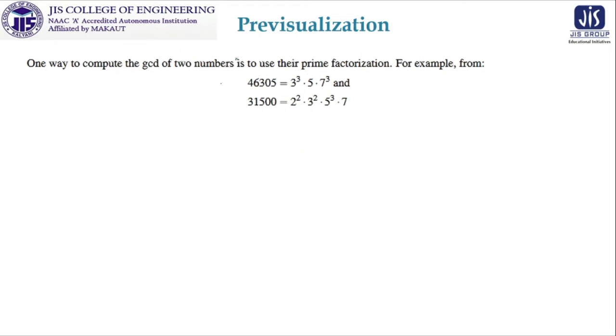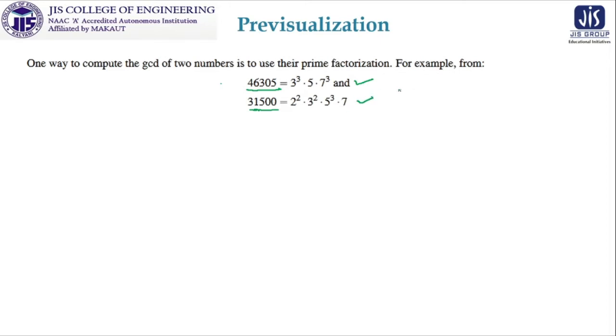We discussed three methods in the last class, and we got two numbers: the first one is 46305 and the second one is 31500. If you make the prime factorization of these two numbers, you will get this one for the first and this one for the second.